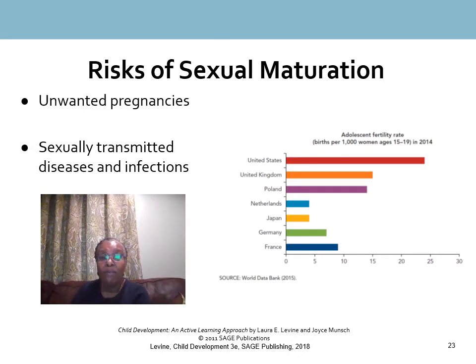For a lot of teens, they start becoming interested in having sex, plain and simple. So things we have to be worried about are unwanted pregnancies and, even more specifically, sexually transmitted diseases and infections. We have to be careful. In the United States, we're one of the highest dealing with fertility issues for our adolescents, as you can see in the graph.